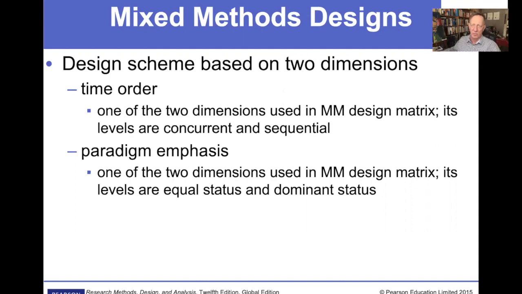It depends on what you want to do. Then the paradigm emphasis is the other dimension used in the mixed methods design matrix. It has either equal status or a dominant status. So you place more emphasis, for instance, on the quantitative or the qualitative, or both have equal emphasis.